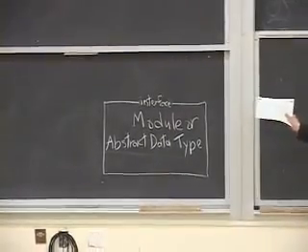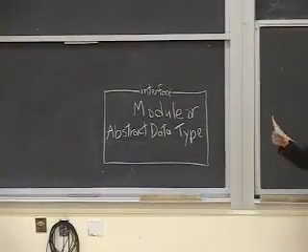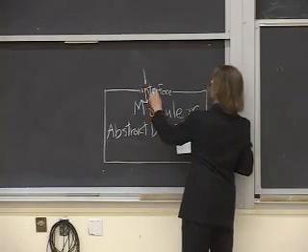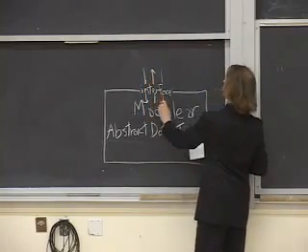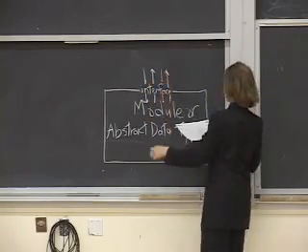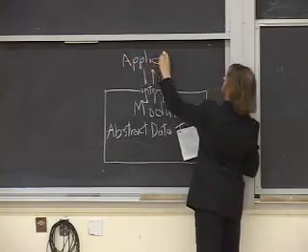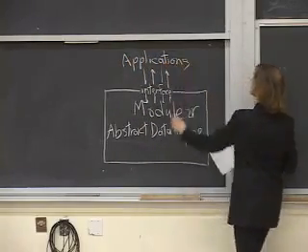And the only way to get information in or out of that box is through the interface. So you can send information in and get information out by method calls. And applications that want information about what's in the list must go through that interface.